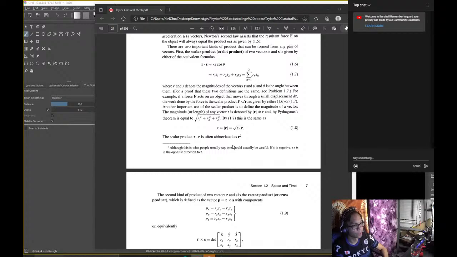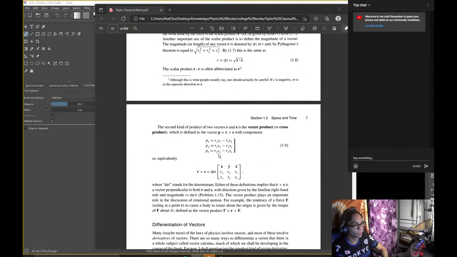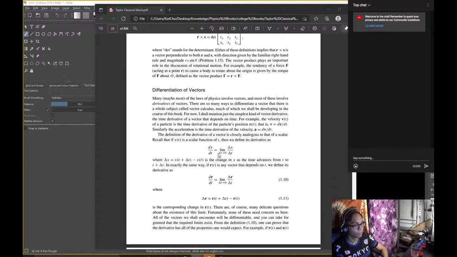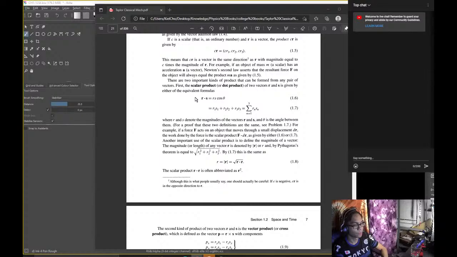It's often abbreviated as R squared, although we should actually be careful. If C is negative, CR is in the opposite direction of R. Got it. Okay. So that's the differentiating.